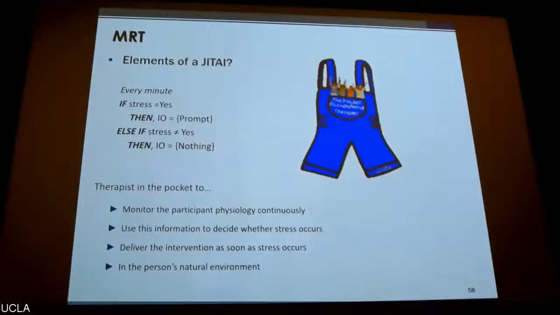The therapist would monitor the person's physiology, decide if stress occurs, and then step out of the pocket and guide the participant through a stress relaxation exercise anywhere, right? It sounds ideal, but it's not feasible.